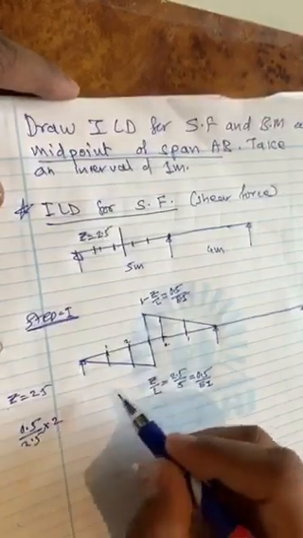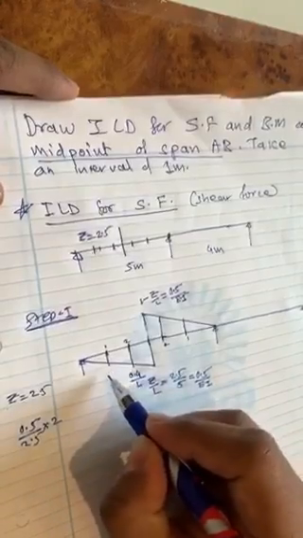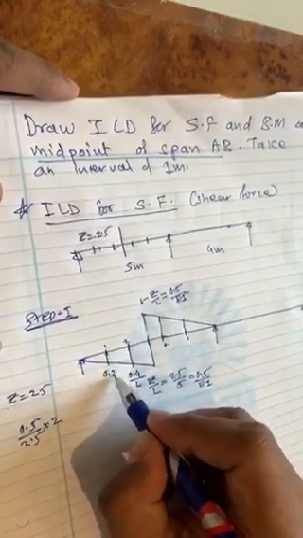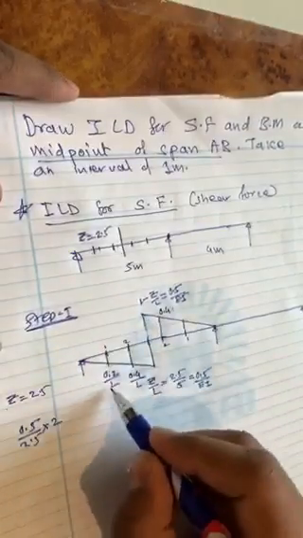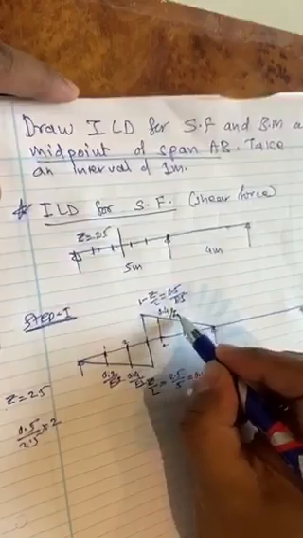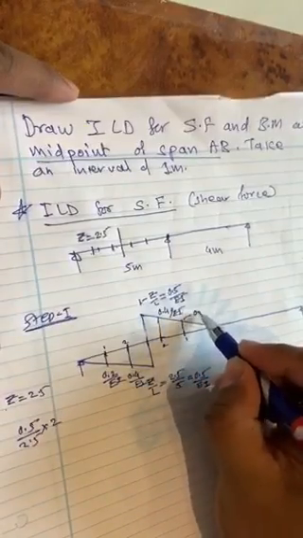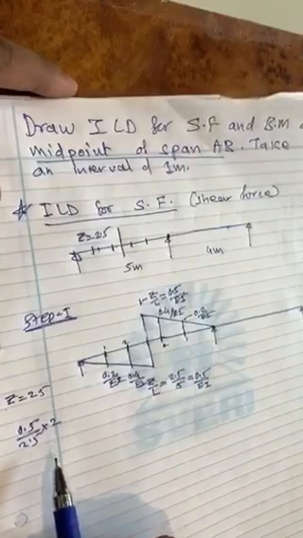So if you do that, you will get this as 0.4. So if you can see, this will come as 0.4, this will come as 0.2, divided by EI, sorry, not by L, by EI, we have to divide by EI. So 0.4 by EI, and this value comes as 0.2 by EI. So that's how it will come.